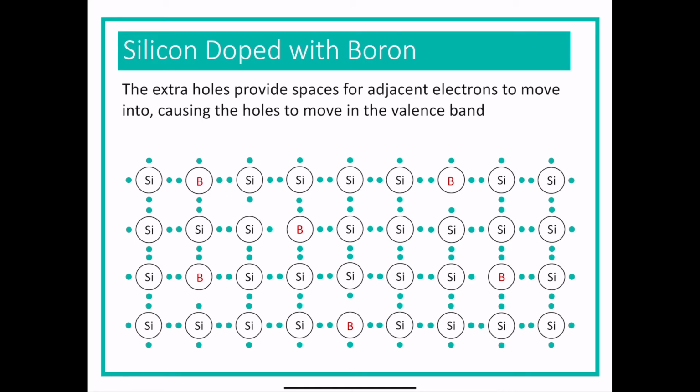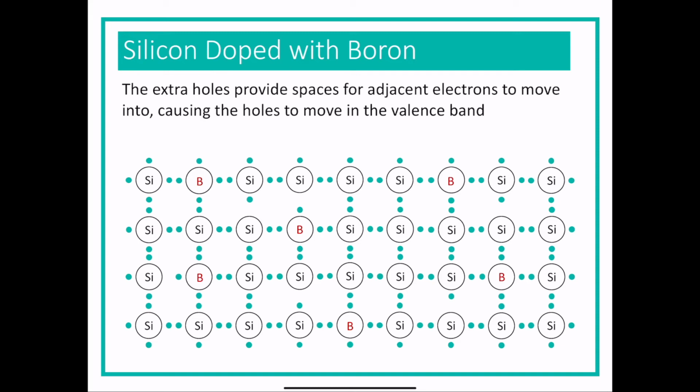They move a little slower than the others, but you see they just shift around and gradually move from one place to another. We call that the holes moving, even though they aren't really moving, we act as if the holes are moving, and those are positive charge carriers.